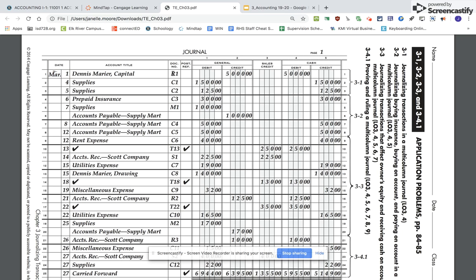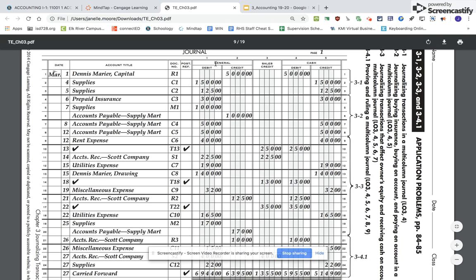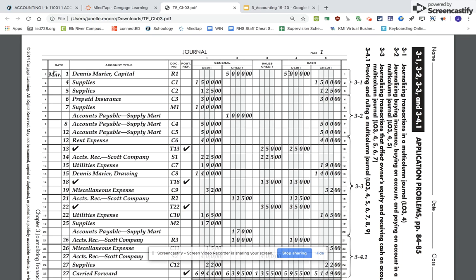We're going to look at the transaction and see that it is a receipt. Number one, we're going to credit capital, and that tells us here the account title, capital, and then we're going to debit cash.